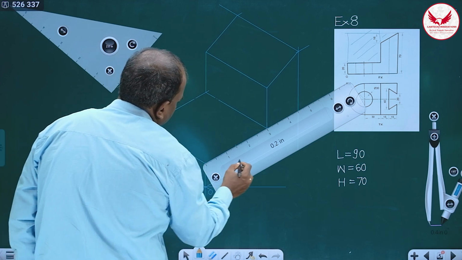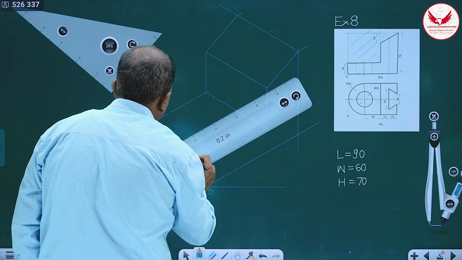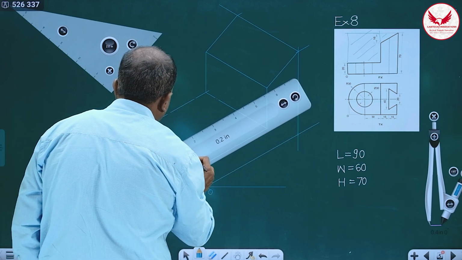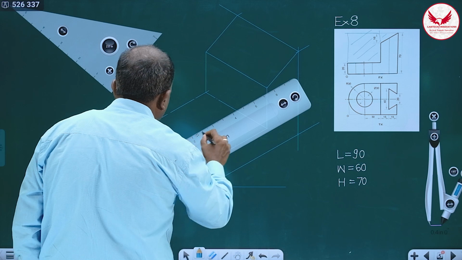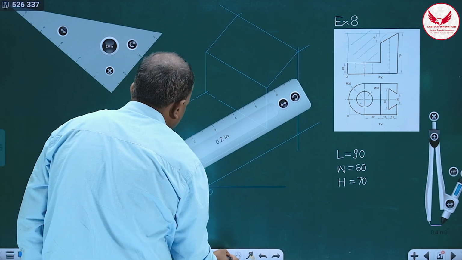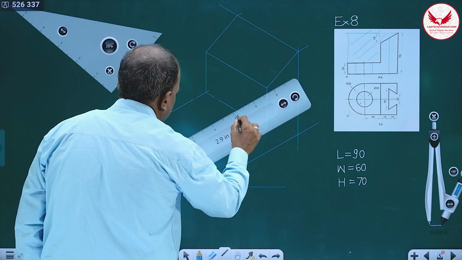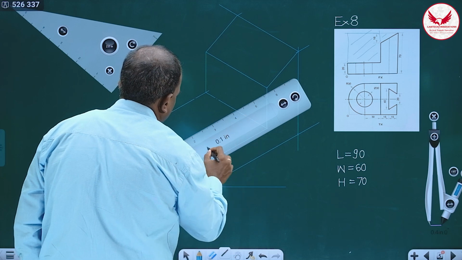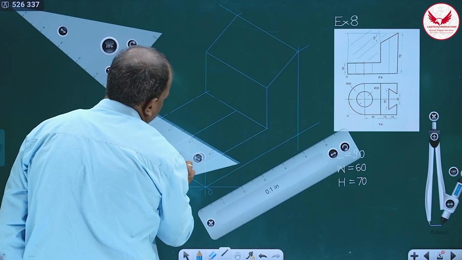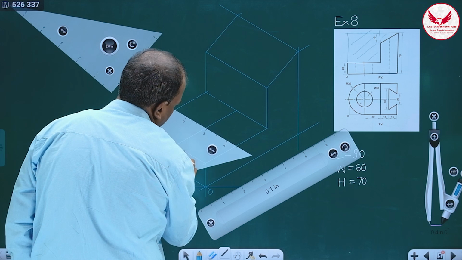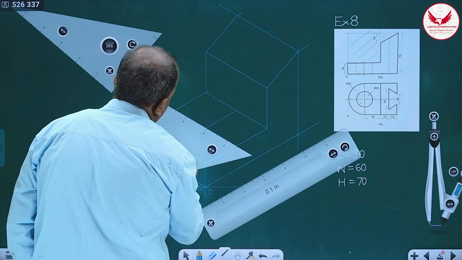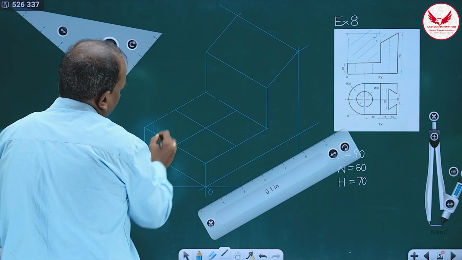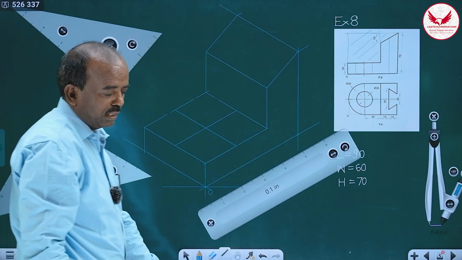Means with this center, what do we have to do? Draw the parallel lines to length and width. This is parallel to length and it is parallel to width. And for drawing this semicircle, automatically we have a rhombus of 60 by 60.